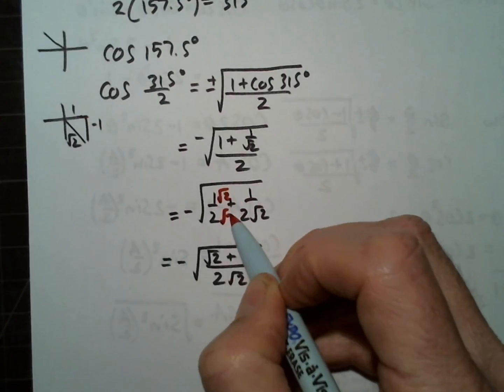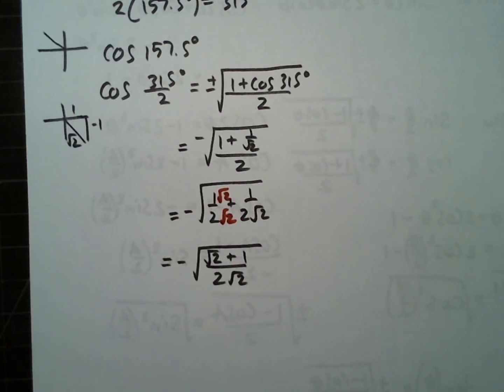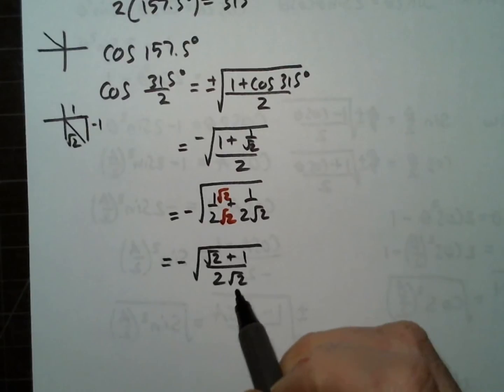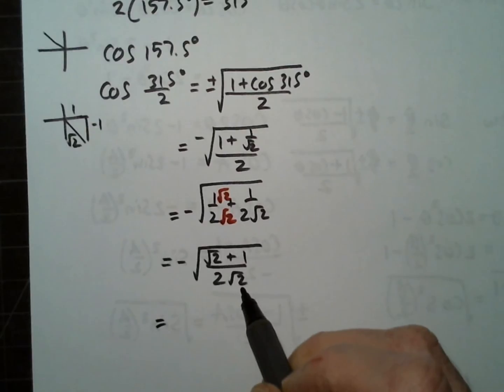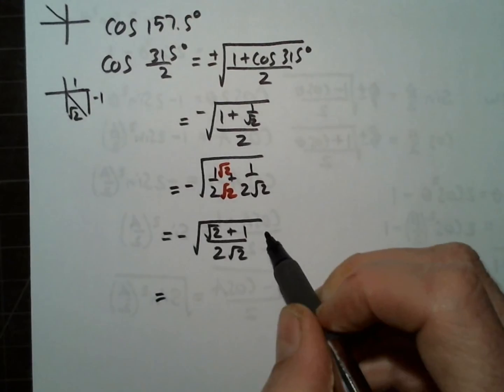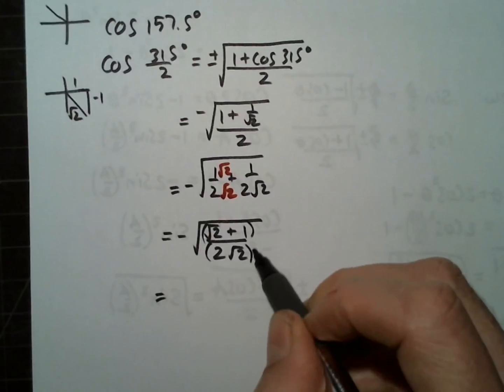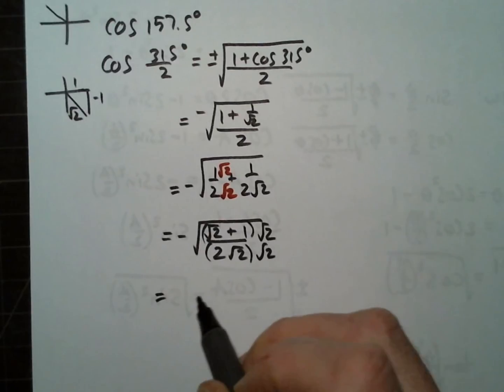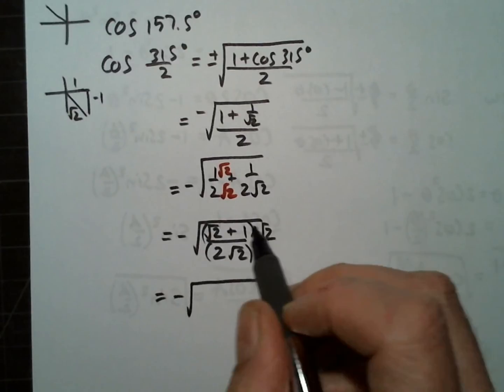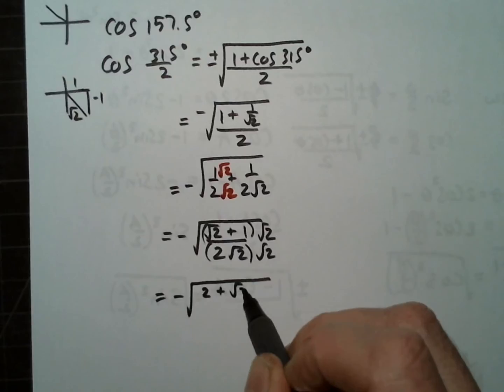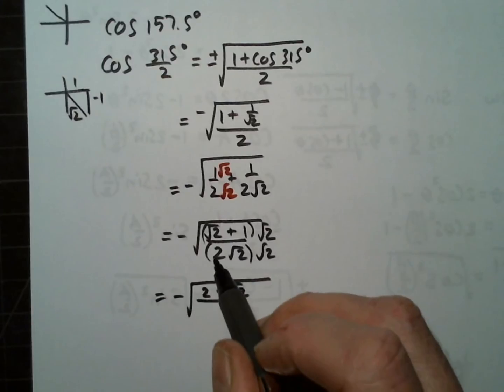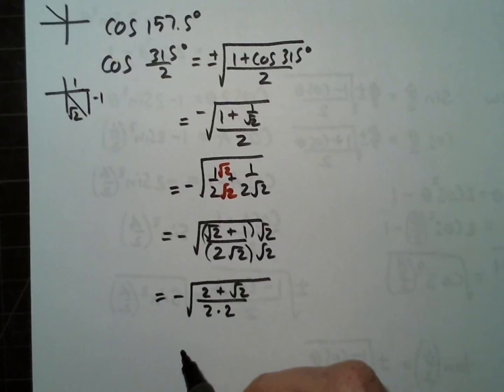And then let's rationalize that denominator by multiplying by radical 2 over radical 2. So that'll be 2 plus radical 2 over 2 times 2.